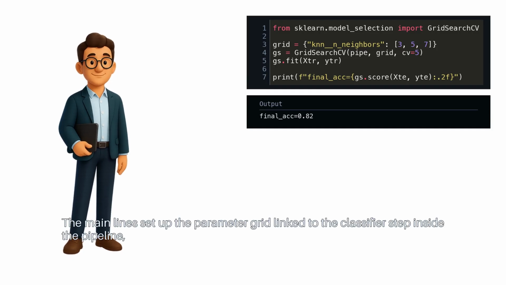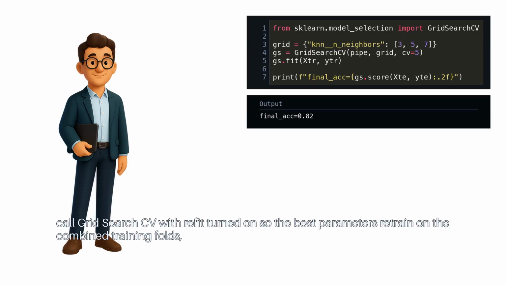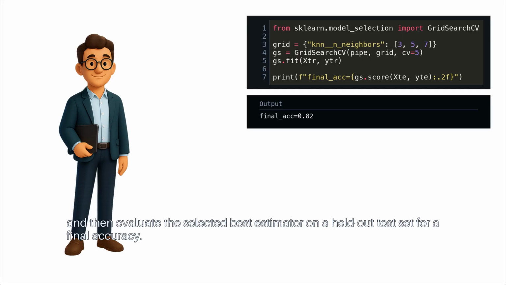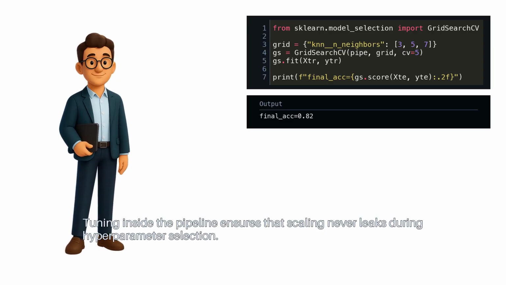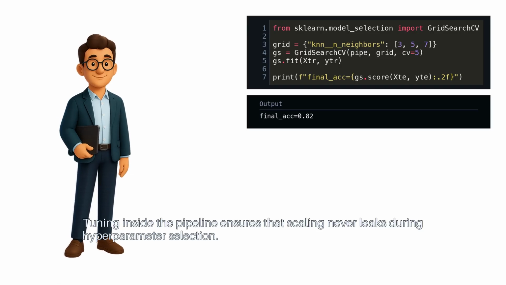The main lines set up the parameter grid linked to the classifier step inside the pipeline. Call GridSearchCV with refit turned on, so the best parameters retrain on the combined training folds, and then evaluate the selected best estimator on a held-out test set for a final accuracy. Tuning inside the pipeline ensures that scaling never leaks during hyperparameter selection.